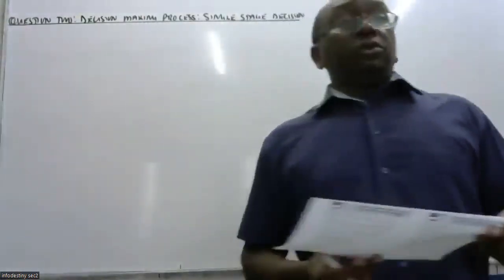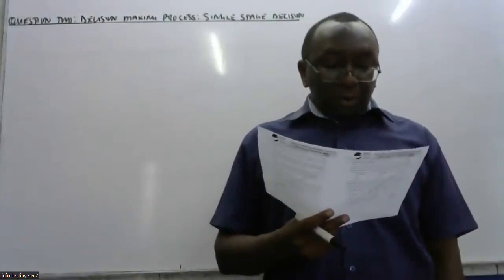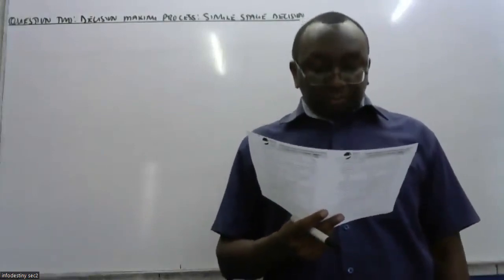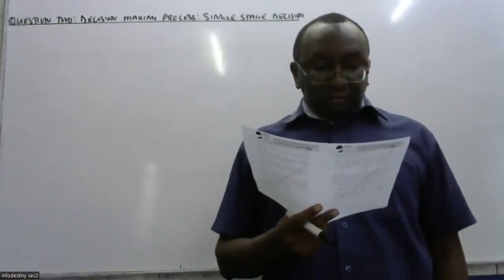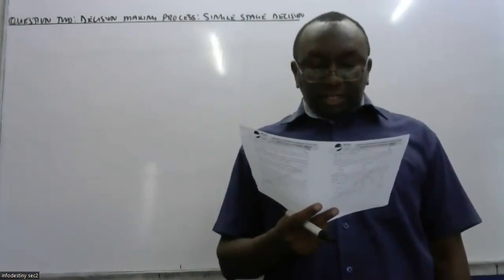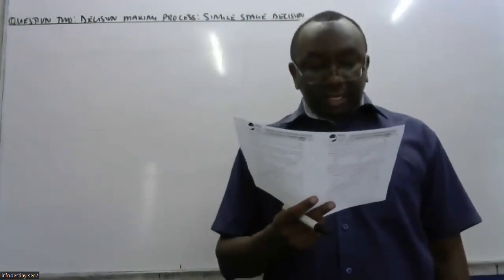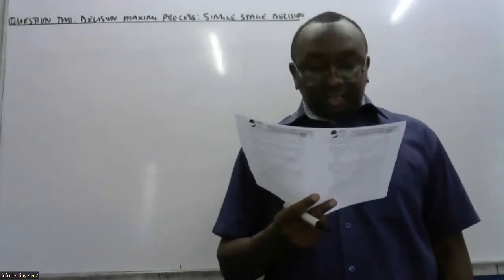So in question 2, we are told, suppose that you are the owner of a cake shop, the cake box. At the beginning of each day, you have to decide how many fresh cream cakes to stock in order to meet demand during the day. Each cake costs shillings 70 and sells for shillings 130.